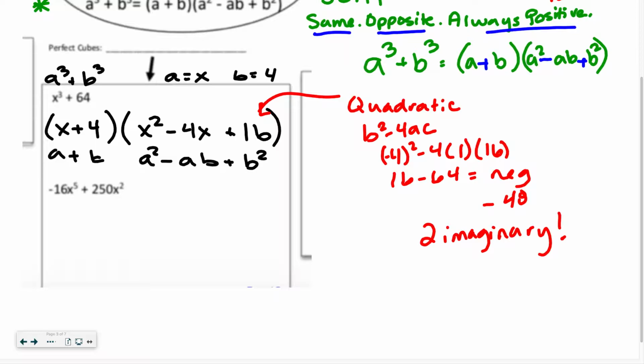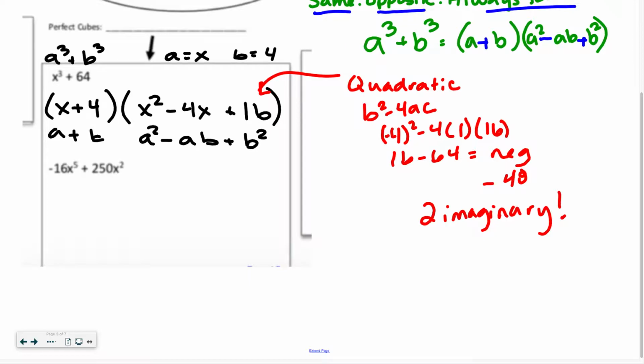Okay. What do you notice about the second example that I have there? Negative 16x to the fifth plus 250x squared. Are either of those numbers on the list of perfect cubes?